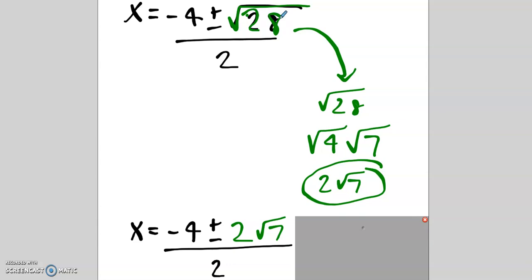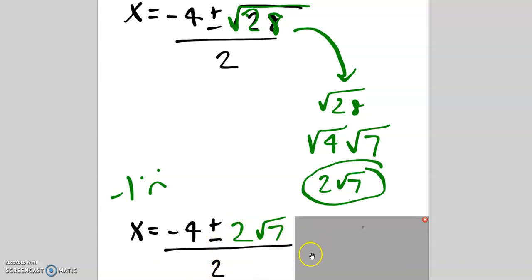If you leave it like that, I'll have to take off a point or so, which is sad. I have to break this down. The easiest way for me to see it is to separate the numerator over my denominator. So I write -4 over 2, plus or minus 2 square root 7 over 2.